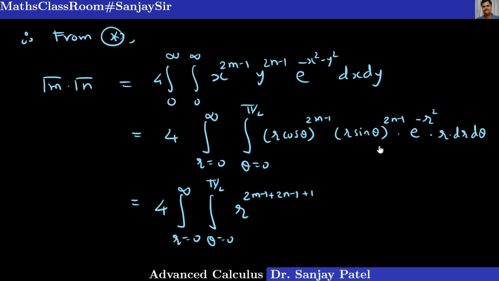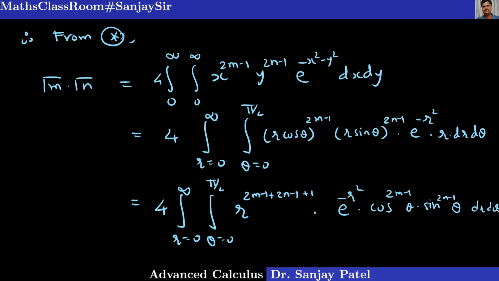That we can combine and write like this, into e raised to minus r square, then cos raised to 2m minus 1 theta sine raised to 2n minus 1 theta, and then dr d theta.